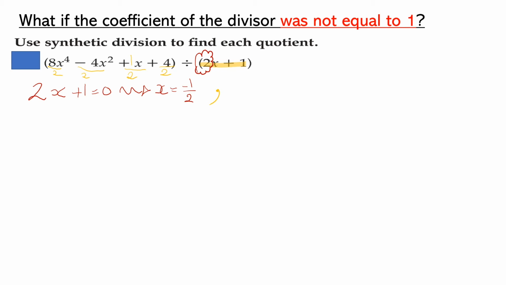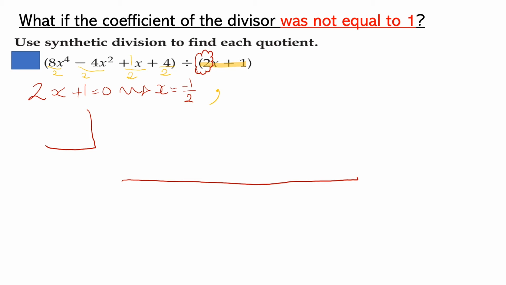And later you will be doing a step and you shouldn't forget about it. This is the most important step which you have to begin with. So let's put our synthetic division lines.